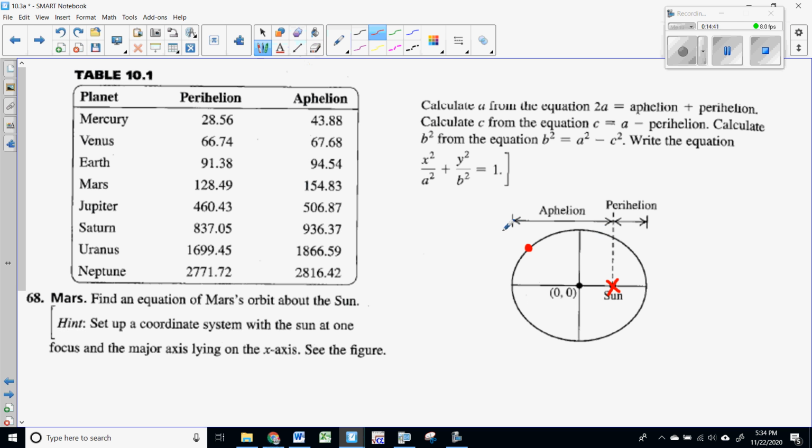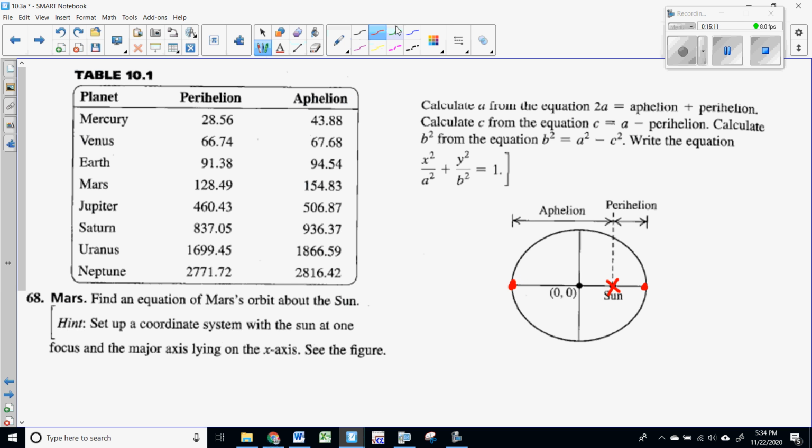And we have these two distances, and I'll try to say these right. I think it's the perihelion and the aphelion. What these are is the distance from the sun at the focus to this point. That's basically the closest the planet ever is to the sun. And then the aphelion is this point over here where the planet is as far away as possible from the sun.